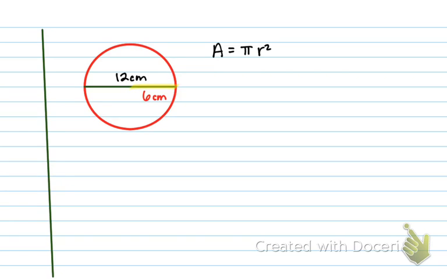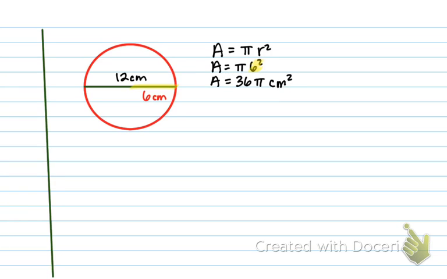Okay. So we got our area is equal to pi 6 squared. Let's go ahead and get our exact answer. So our area with our exact answer is 6 times 6, or 6 squared, which is 36. And then don't forget our pi. Okay, this is our exact answer.